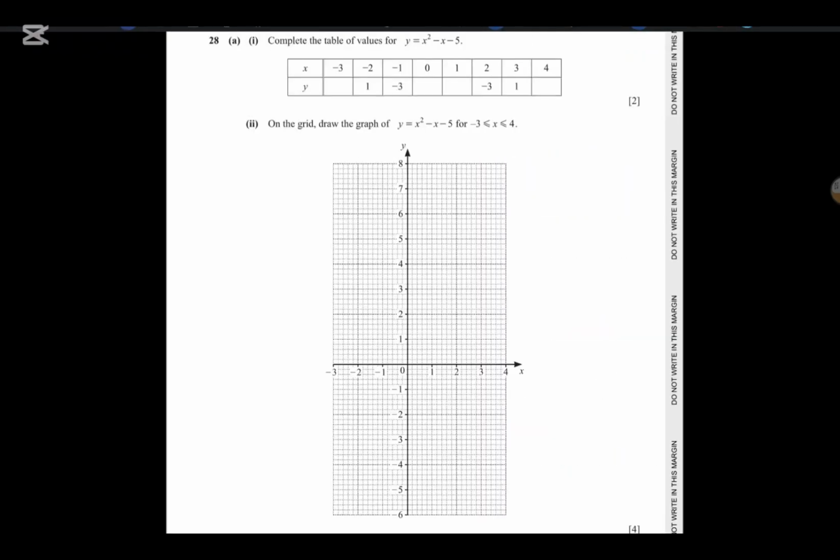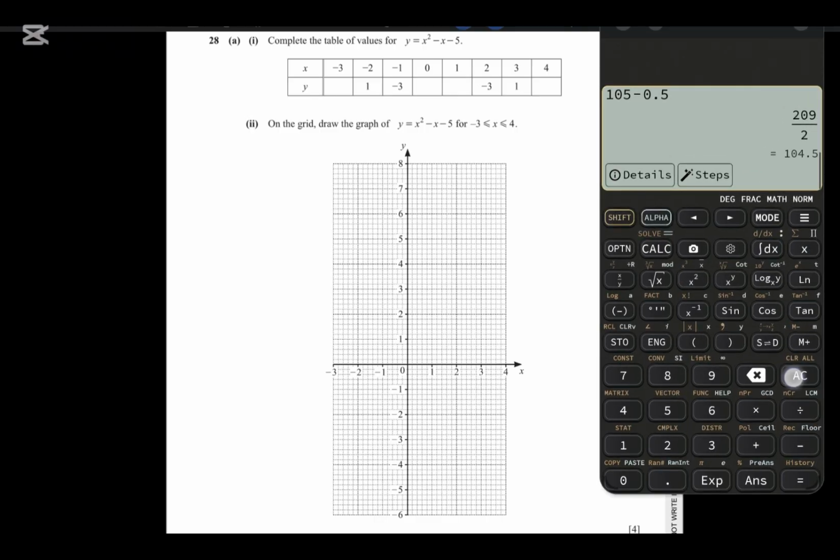Question number 28. Complete the table of values y is equal to x square minus x minus 5. So this is the table given where these 4 values are missing. You need to find them by substituting the values of x in the given expression. So expression is x square minus x minus 5.